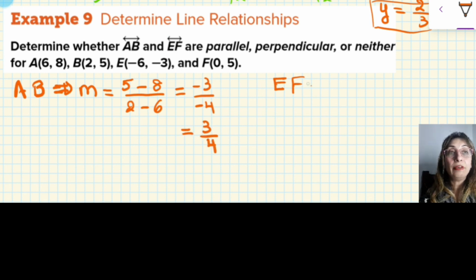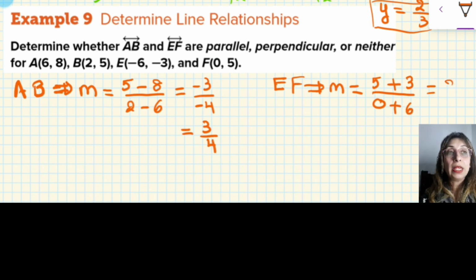Now look at EF. The slope of EF is y2 minus y1, which is +3 over x2 minus x1, that is -6, so it will be 8 over 6. If you simplify by dividing by 2 up and down, it will be 4 over 3.